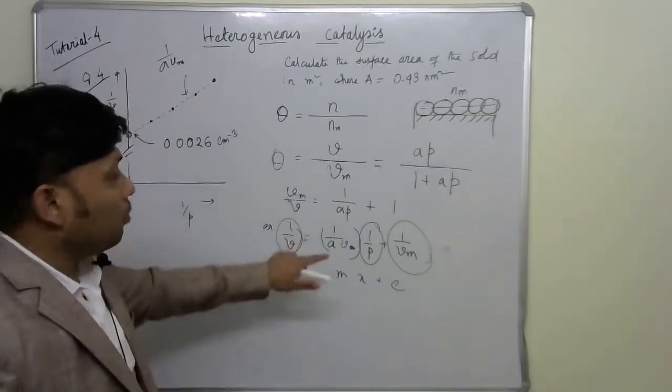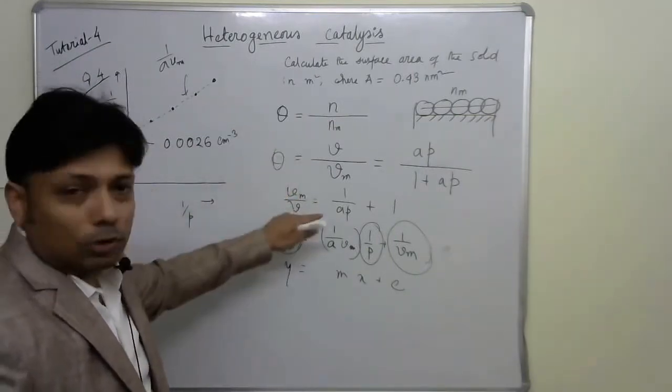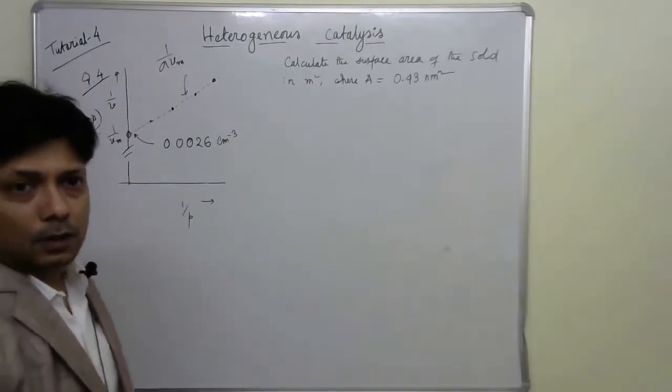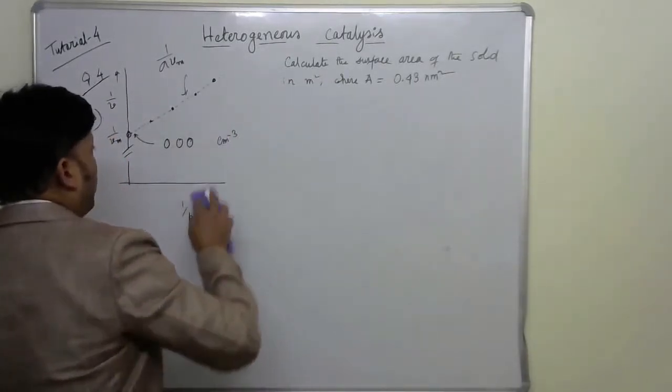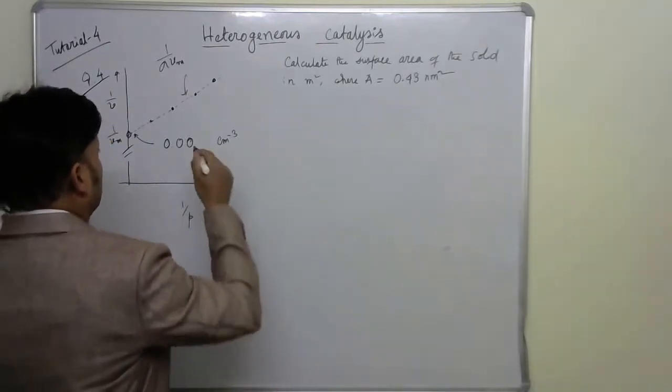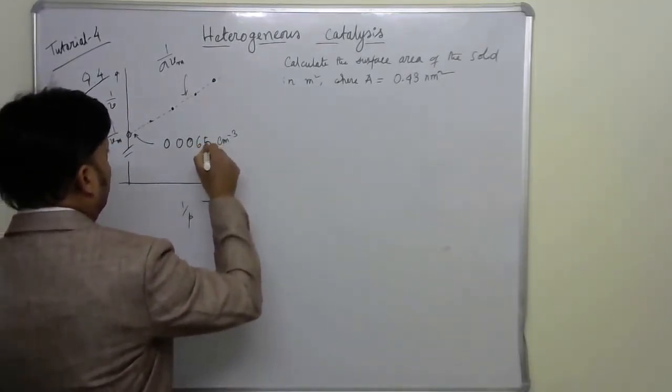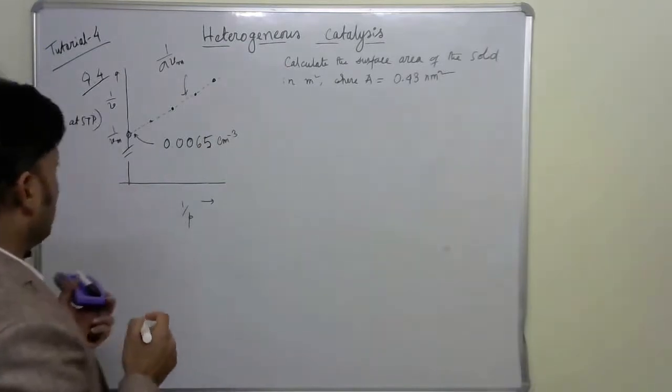So let's clean the board and work out the rest of the numerical problem. A correction over here: this is actually 0.0065 centimeter cube inverse. So that was given.